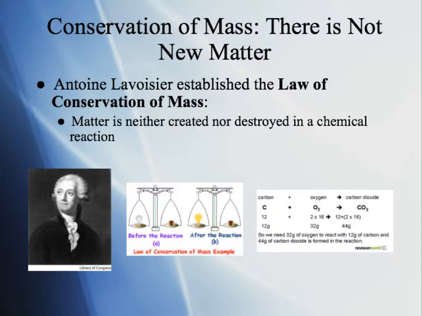Whenever we are working with a chemical reaction, for example, that carbon and oxygen one, like I had mentioned before, which is right here, if we start out with 12 grams of carbon and 32 grams of oxygen, you will make 44 grams of carbon dioxide, because none of the atoms in the molecule are destroyed and no new ones are created. That is what we call the law of conservation of mass.